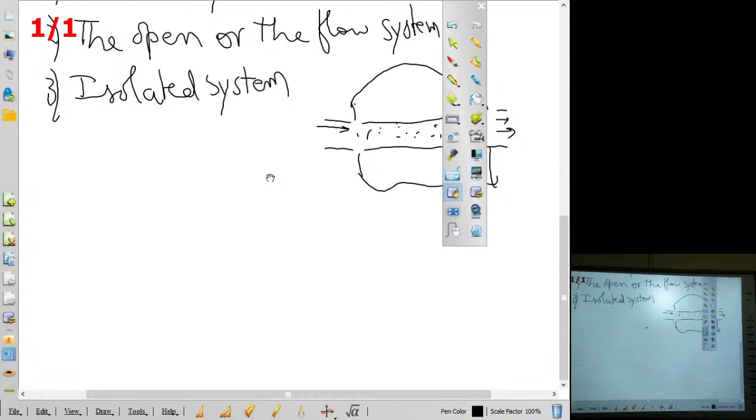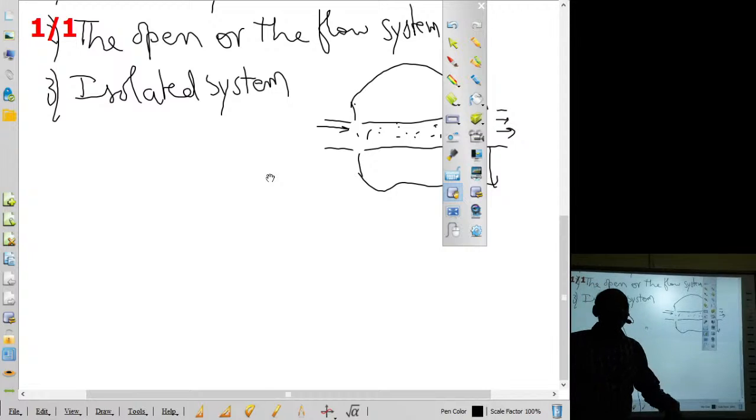So like that, what we have now is the third system called the isolated system. In this isolated system, there is no energy nor any mass transfer taking place. To understand this well, let us take an example with reference to what is happening in our life.